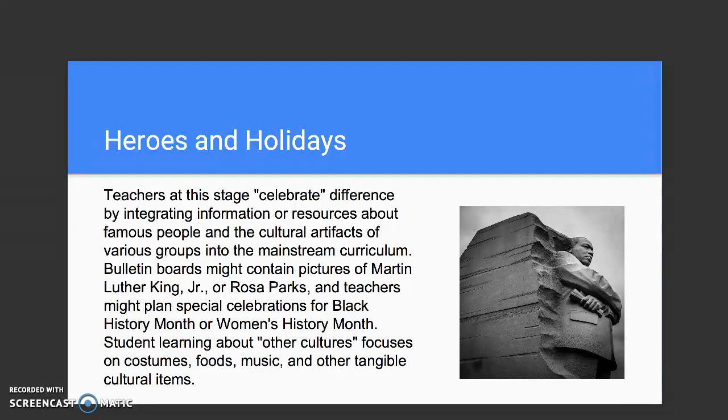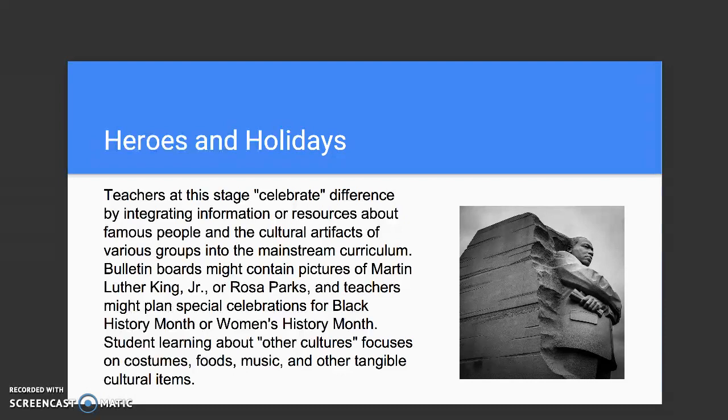We're not fully integrating various genders and cultures and religions. We're just kind of adding pieces on. So teachers at this stage celebrate difference by integrating information or resources about famous people and the cultural artifacts of various groups into the mainstream curriculum.